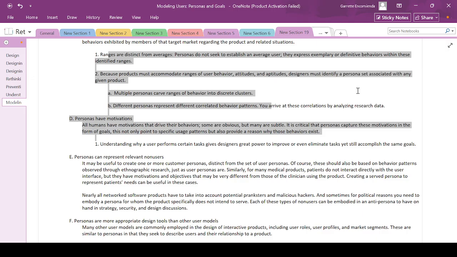Multiple personas carve ranges of behavior into discrete clusters, or categories. Different personas represent different correlated behavior patterns. You arrive at these correlations by analyzing research data.